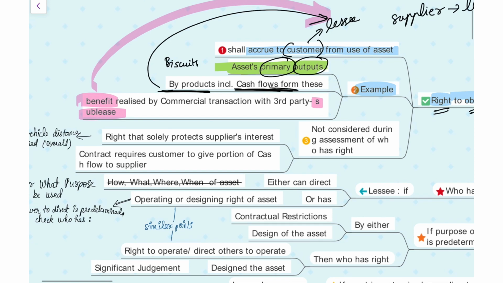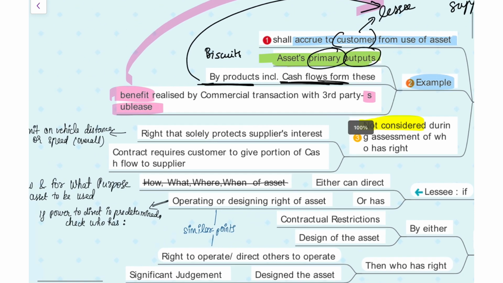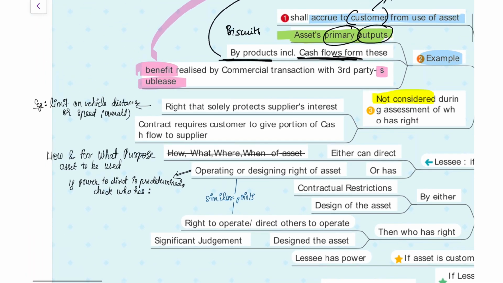Okay. So when you are seeing this, there are a few things that you should not consider when you are determining whether the lessee has the right or not. First, suppose there is a contract which requires the lessee to give a portion of the cash flow that they are generating from the asset to the supplier, the lessor.